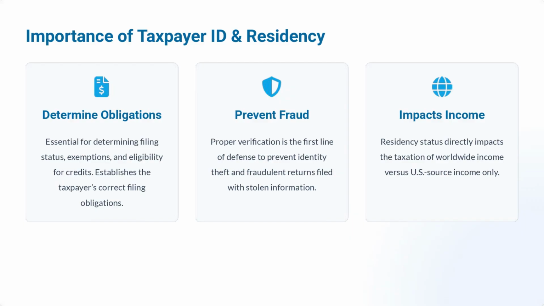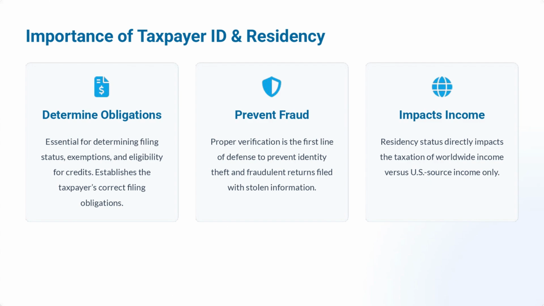Number 3. Residency determines what income is taxable. This part is huge. A taxpayer's residency status decides whether they are taxed on worldwide income or only on US source income. This one distinction changes everything about how a return is prepared. For example, a US citizen pays tax on all global income.